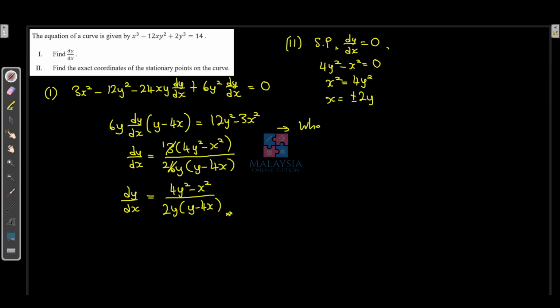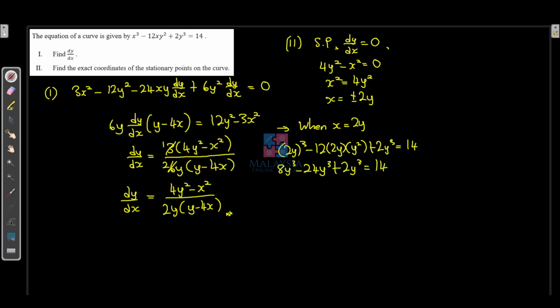So we can start with x equals 2y. So when x equals 2y, we can substitute. So 2y to the power of 3 minus 12 times 2y times y squared plus 2y cubed equals 14. So 8y cubed minus 24y squared plus, not y squared, y cubed, because y squared times y is y cubed, plus 2y cubed equals 14.